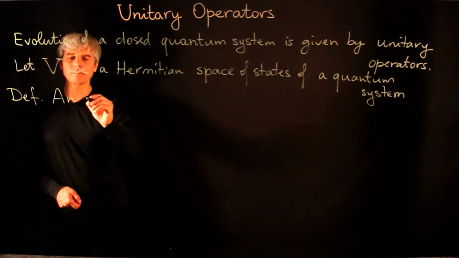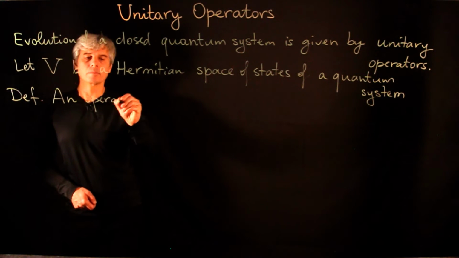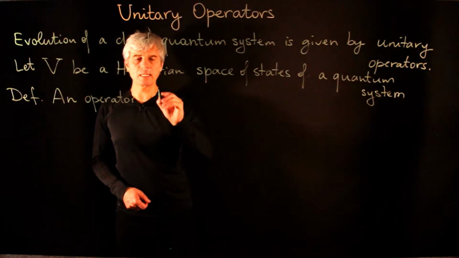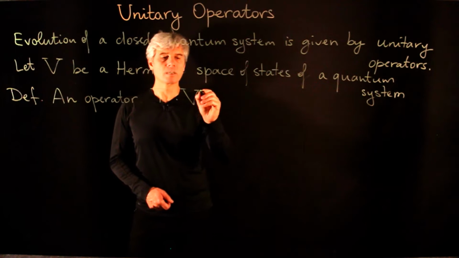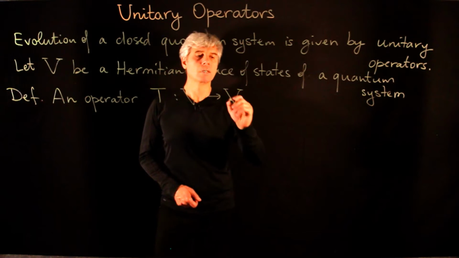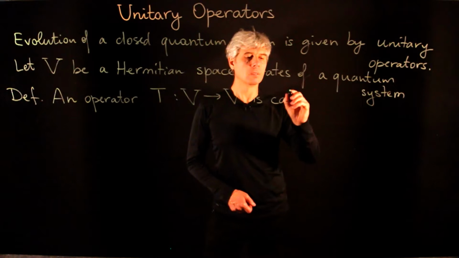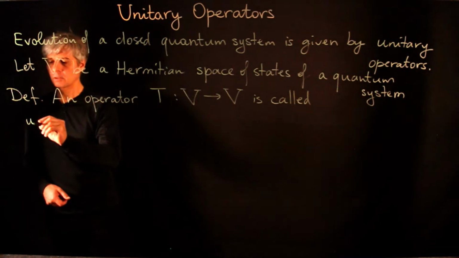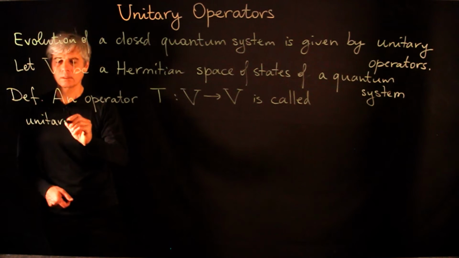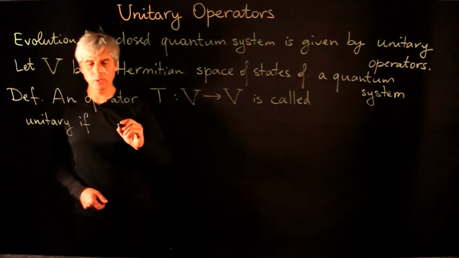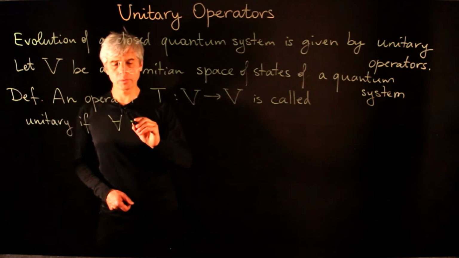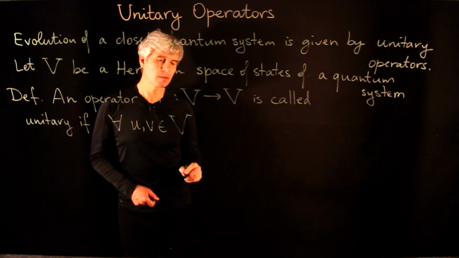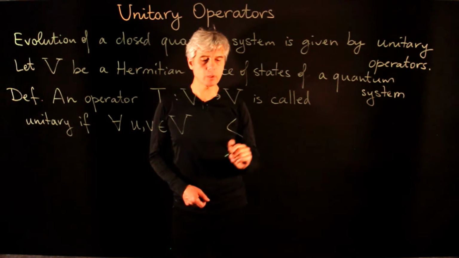An operator T from V to V, so a linear operator, is called unitary if for all u and v in the vector space V, the Hermitian scalar product is preserved.